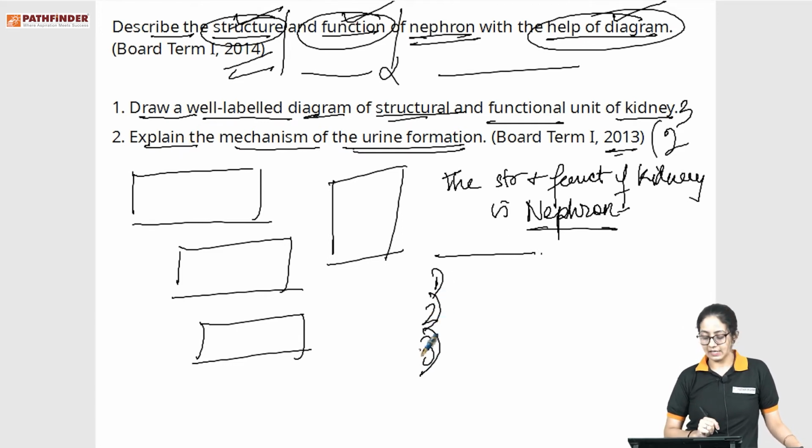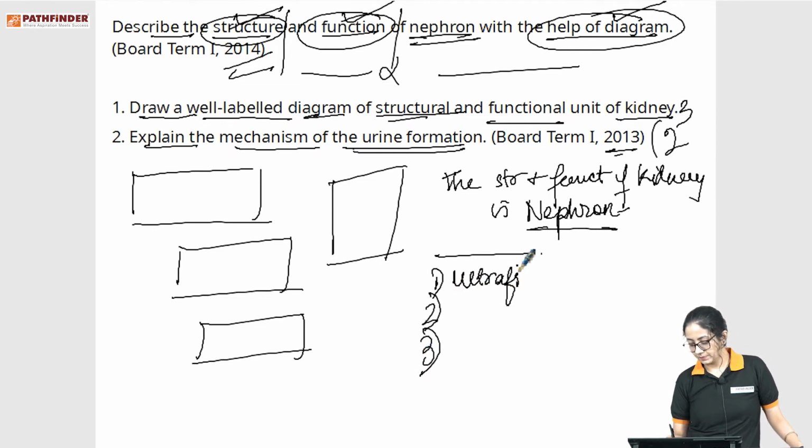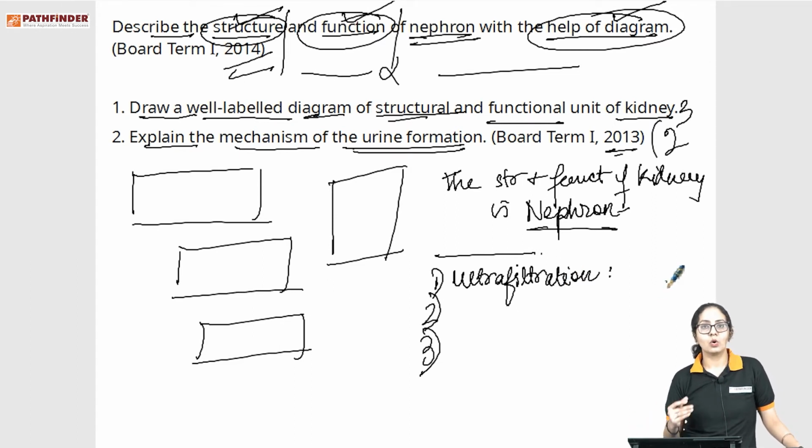What is the first thing that happens for urine formation? It is ultrafiltration. So mention ultrafiltration, give a semicolon, write a few lines about ultrafiltration. Write about the Malpighian corpuscle, the glomerulus, Bowman's capsule working together to filter through, right?